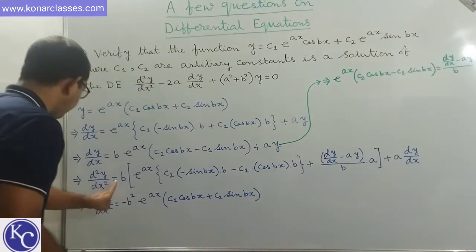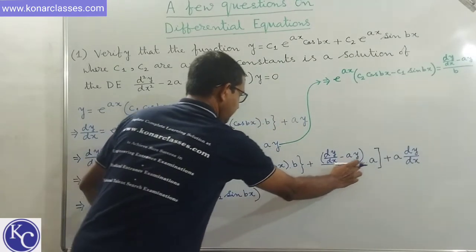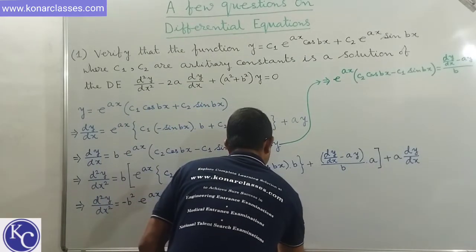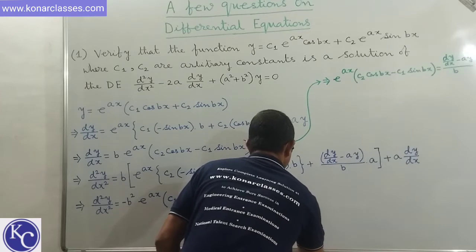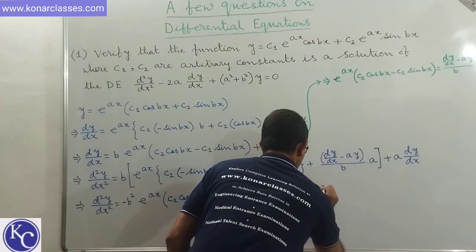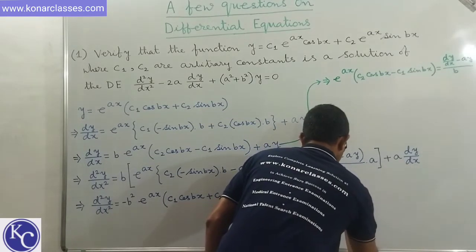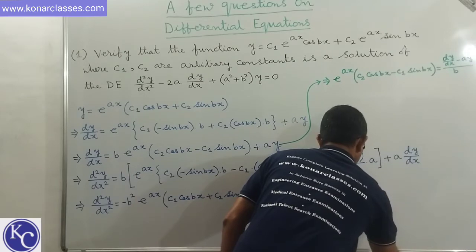Done. Plus this b into the entire expression, so b got cancelled, we write a into (dy/dx minus ay) plus a dy/dx, correct?